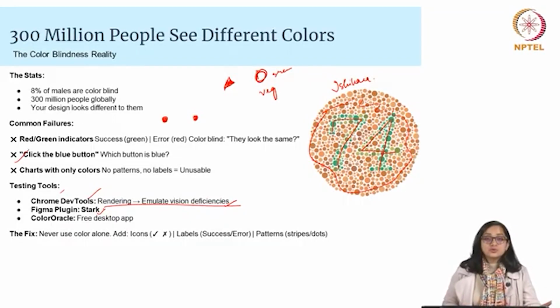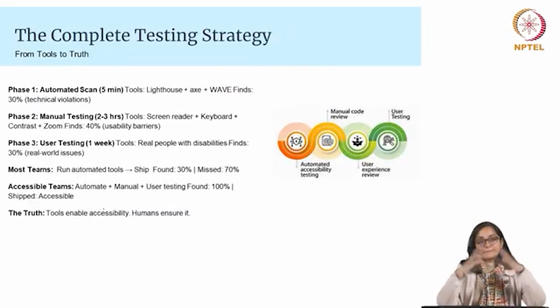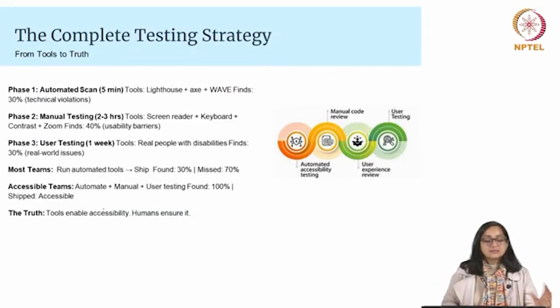Use icons, use verbal labels, or use patterns as well, like dots and stripes, if it's areas of colors. So after all of this, we have come to the point that a complete testing strategy would be to use all of these tools in combination.